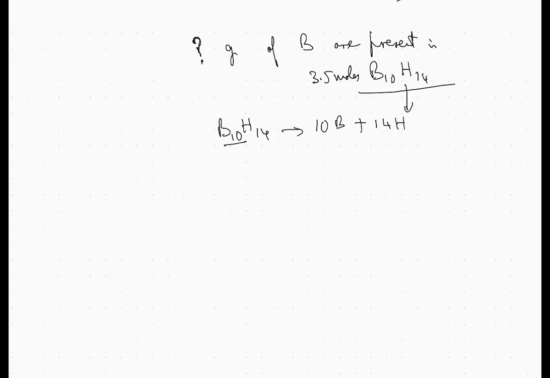Let's go by moles first. 1 mole of B10H14 has 10 moles of boron. So 3.5 moles, you multiply it by 10, you get 35 moles. But they're asking grams. Then find the boron mass, which is 11. Therefore, we multiply by 11.